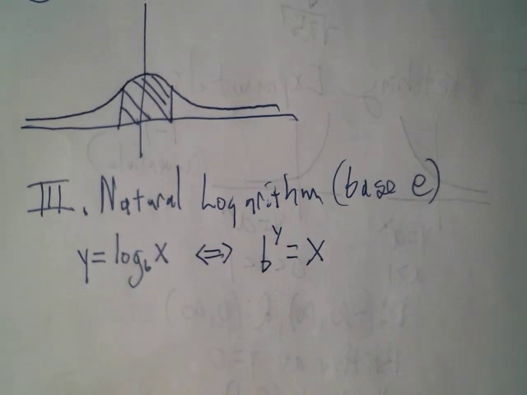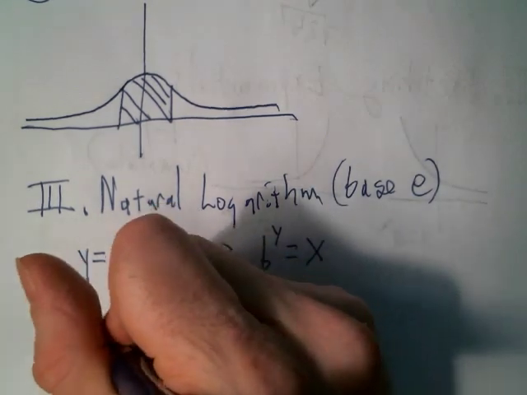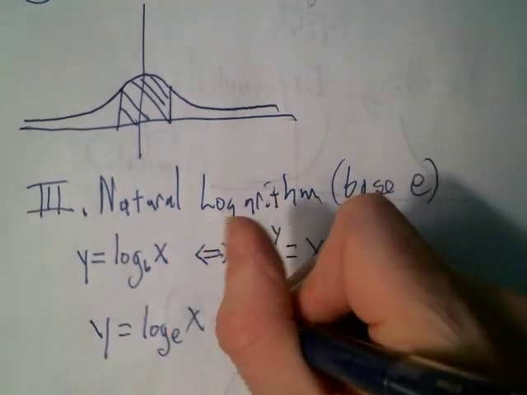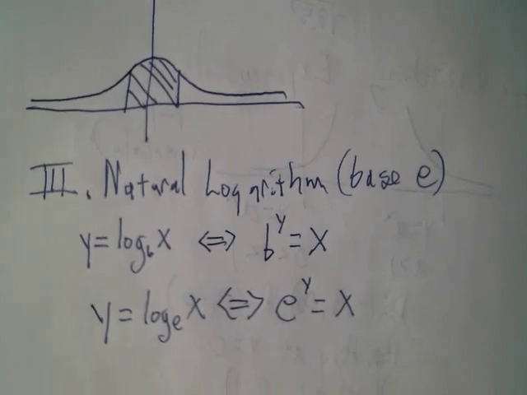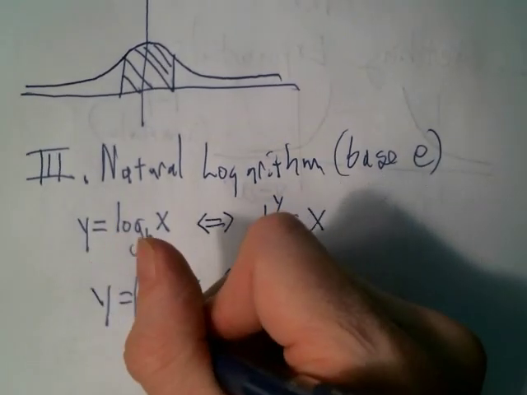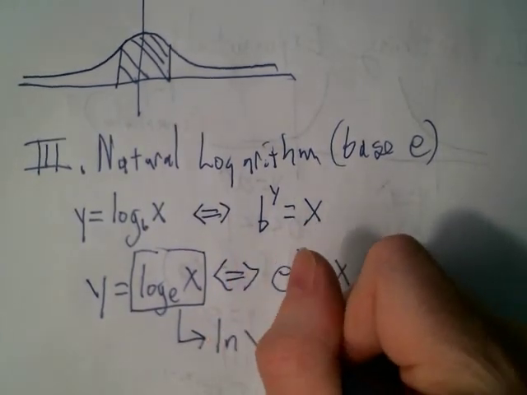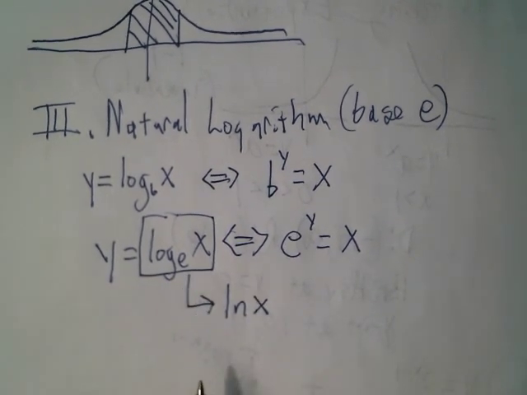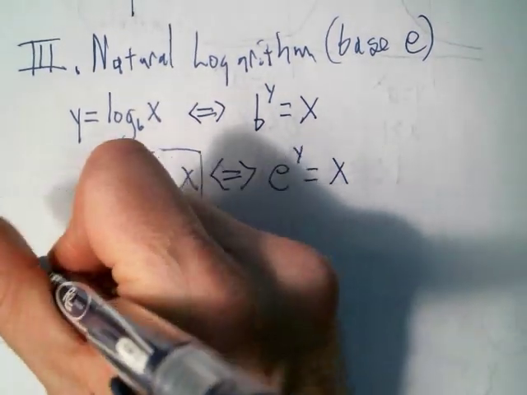Now we want the base to be e, so we'll say y equals log base e of x if and only if e to the y equals x. In particular, we're going to rewrite this expression using the symbol ln of x. When you see this, just assume it's a logarithm with base e, and its inverse function is e to the x.